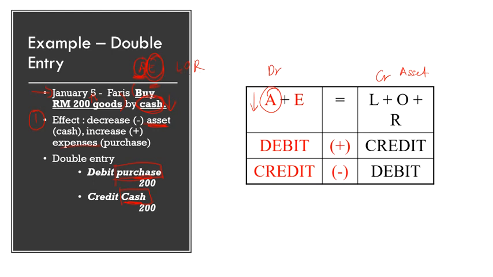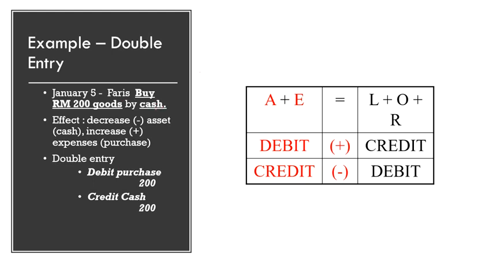So I recap balik. First, whenever you see a transaction, okay, mula-mula sekali yang you kena buat ialah classifykan effect dia. So sekarang ni Faris buy 200 ringgit goods by cash.